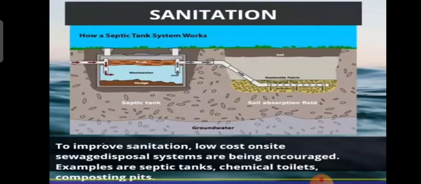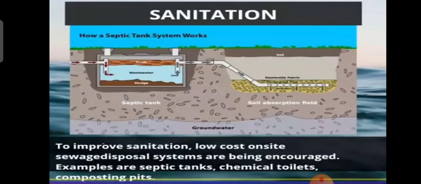Drinking this contaminated water becomes a cause for a number of waterborne diseases like cholera, typhoid, dysentery. Many places do not have proper sewage systems and have open drains. And we all know that open drains are breeding grounds for flies, mosquitoes and other insects. Right? So diseases spread very fast in these unhygienic and unsanitary conditions.